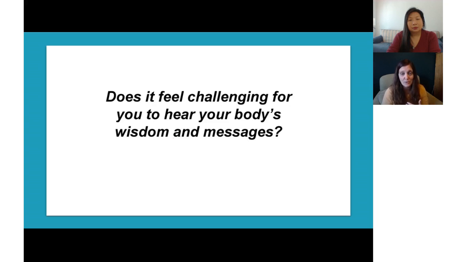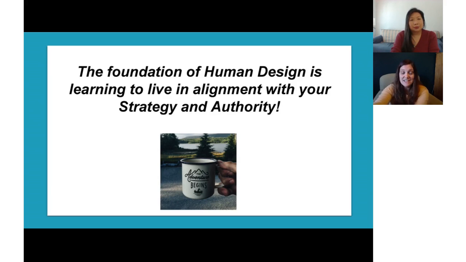And each of us has our own unique authority that helps us to know what's correct. And each authority has its own unique way of our body communicating with us. So that is definitely something that you'll learn here today too. That's super exciting. All right. So the foundation of human design is learning to live in alignment with your strategy and authority.